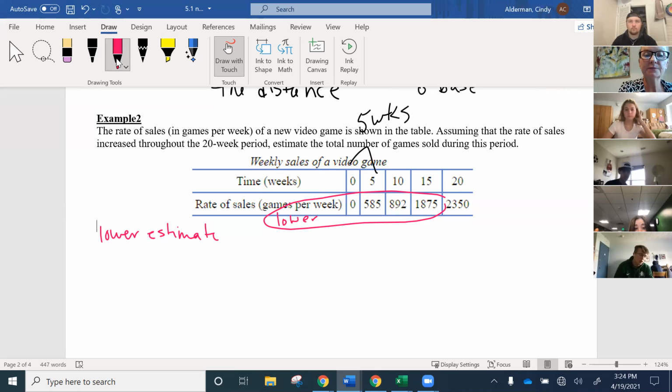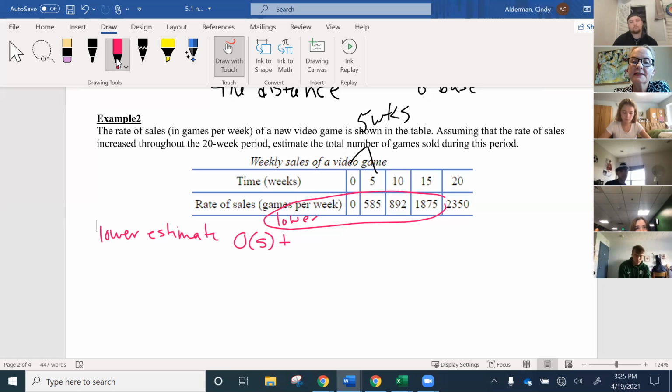So the lower estimate would just be 0 times 5 plus what? We're doing 0 times 5, then what's the next rate of sales after 0 that's listed? First our rate of sales is 0, and that's for the first 5 weeks.